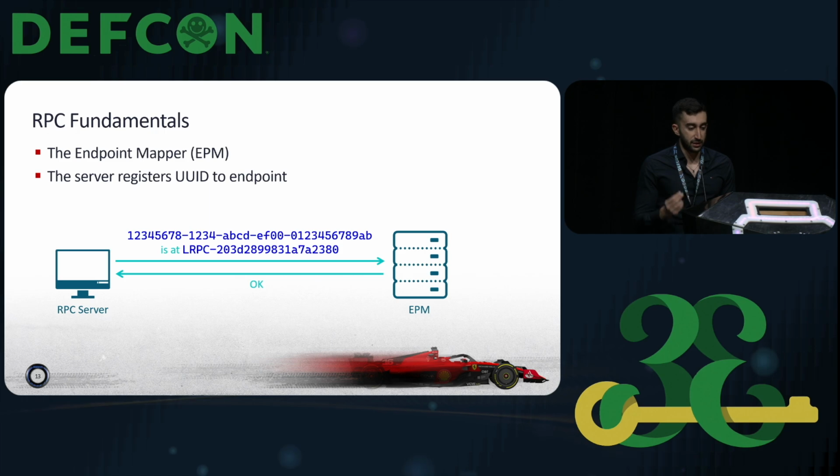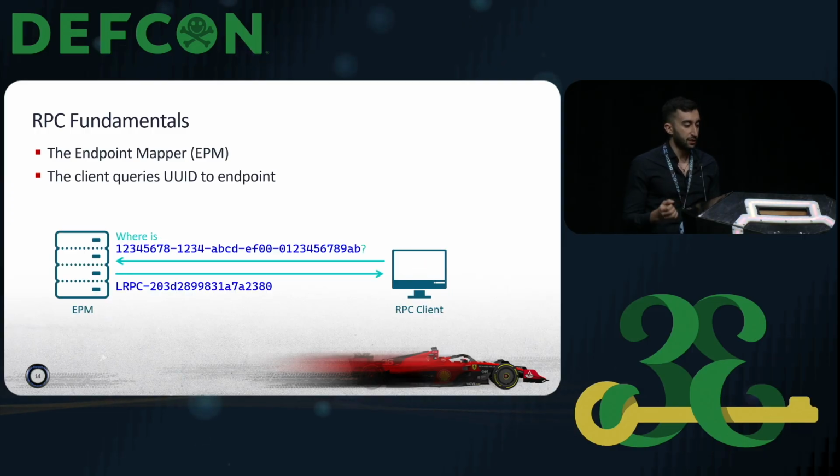If a server decides to use a dynamic endpoint, it needs to make sure it can be found by its client. The way to do it is by registering to the Endpoint Mapper. After the registration of the server, the client will be able to establish an RPC connection using only a UUID. The EPM will connect it to the first server that registered that interface.